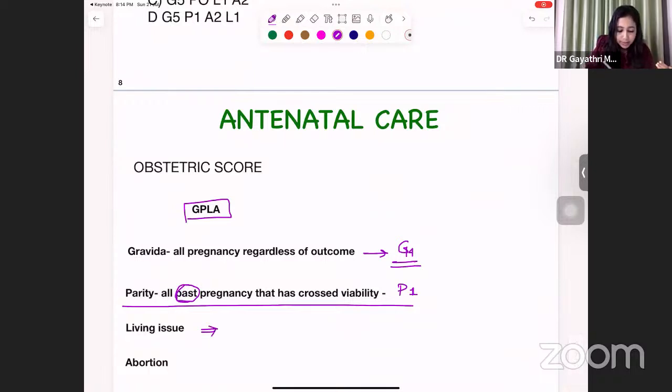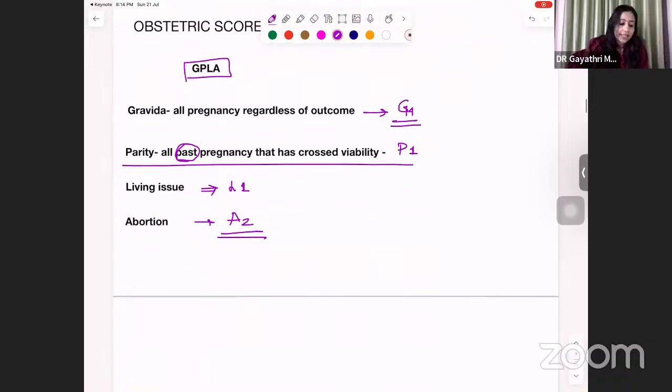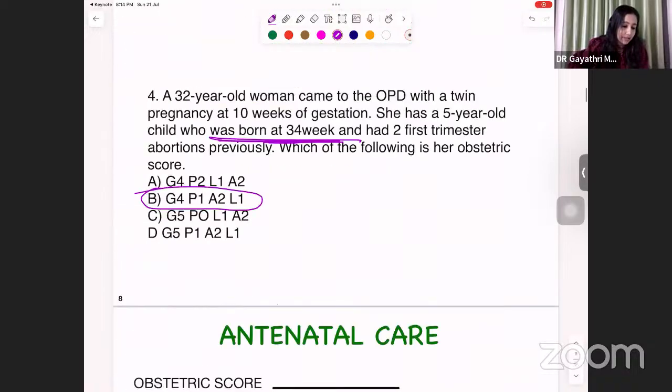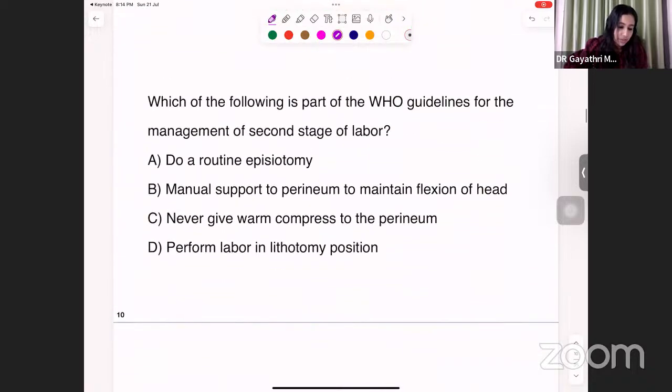Again, that baby was living, so living issue is 1, and she has 2 abortions. So her obstetric score is G4, P1, L1, and A2. So let's look for the option. G4, P1, L1, and A2 is her obstetric score. Yes. Coming to the next question.